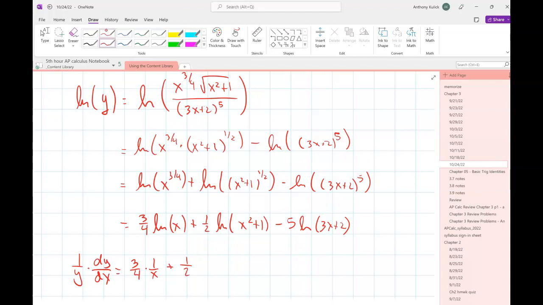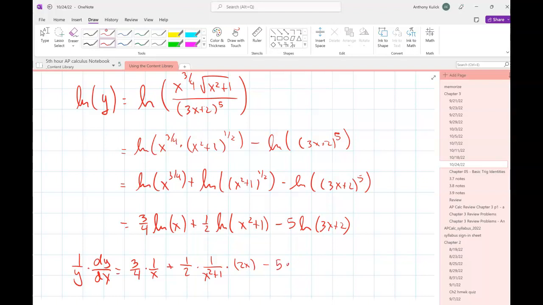The derivative of the natural log of x squared plus 1 is a chain rule. The outer function is the natural log. So I have 1 over the inside times the derivative of the inner function, which is 2x. And if I go to the last logarithm, minus 5 times the natural log of 3x plus 2, again, a chain rule.